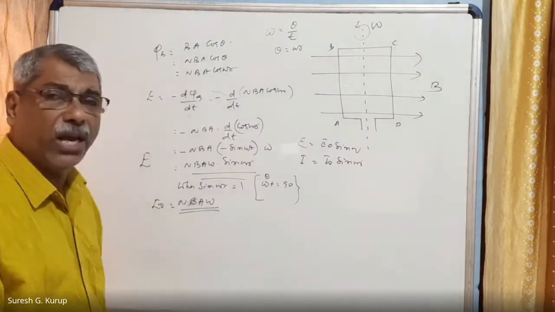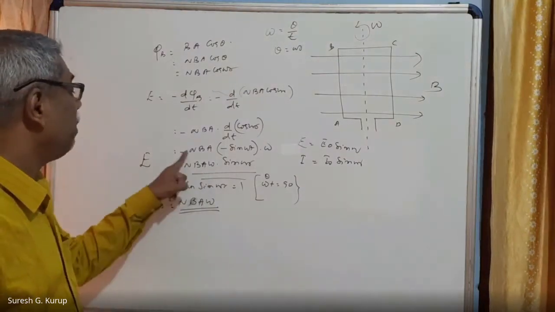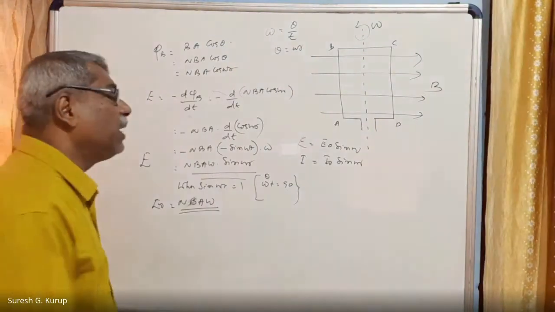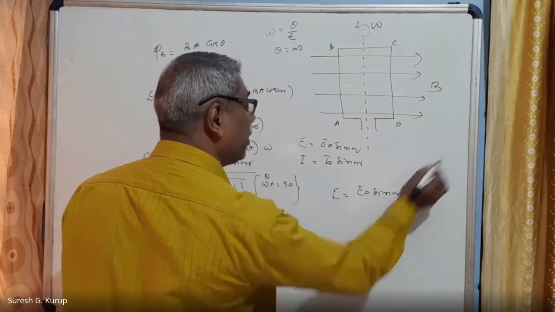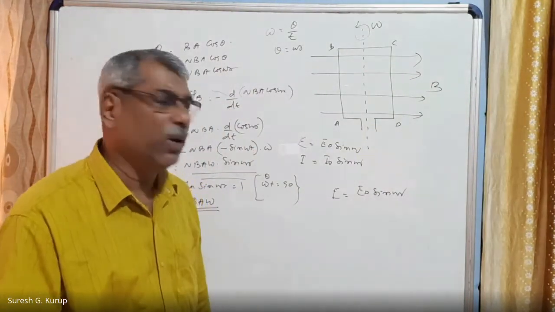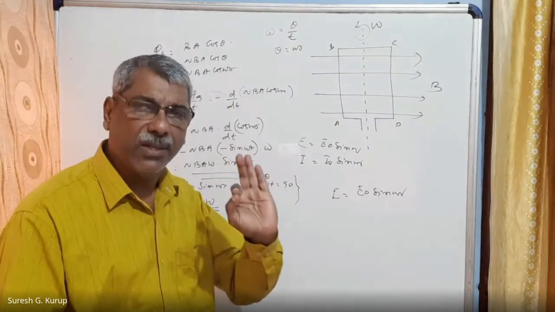E0 is equal to NBA omega. Right? Then putting NBA omega in terms of E0, we get E is equal to E0 sin omega t. This is the general expression for EMF induced in a coil at any instant of time.